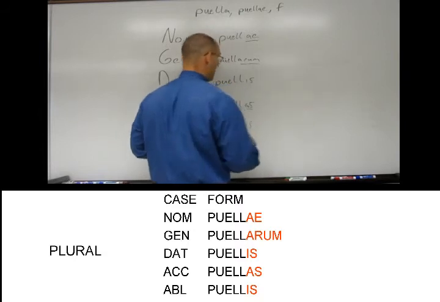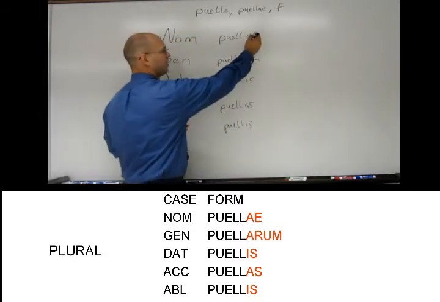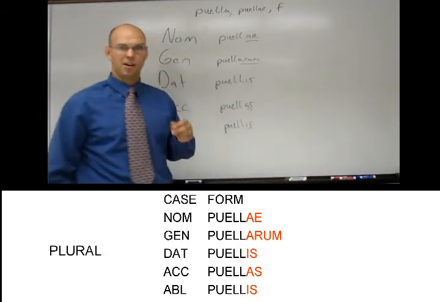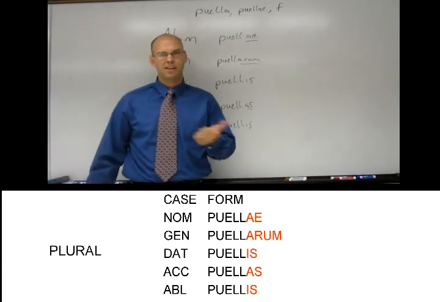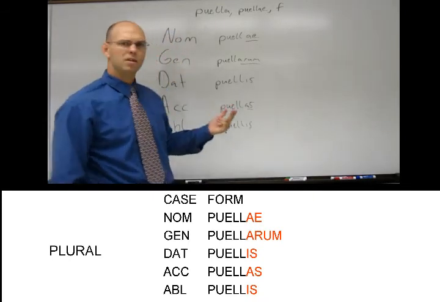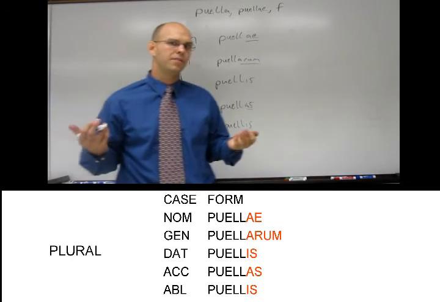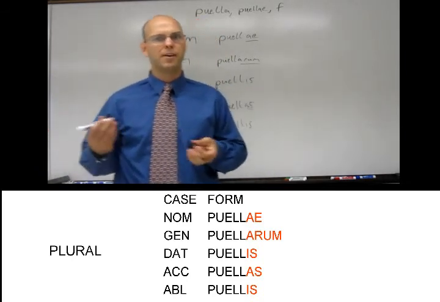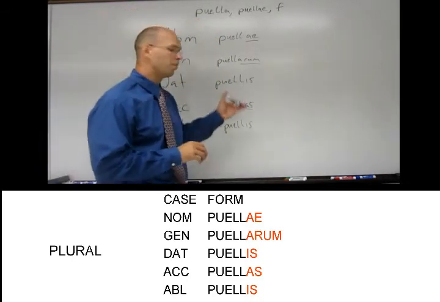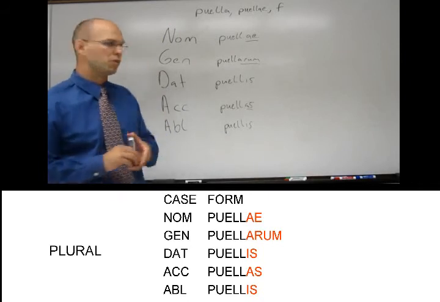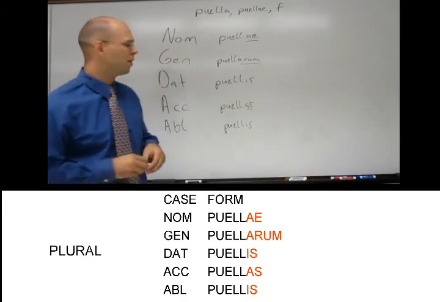You notice I have 3 different cases that are AE: the genitive singular, the dative singular, and the nominative plural. And you'd ask me, how do you tell the difference in translating? Well, you have to figure it out from context. When we get into more translating, we'll look for tricks to do that, and I'll help you with that.